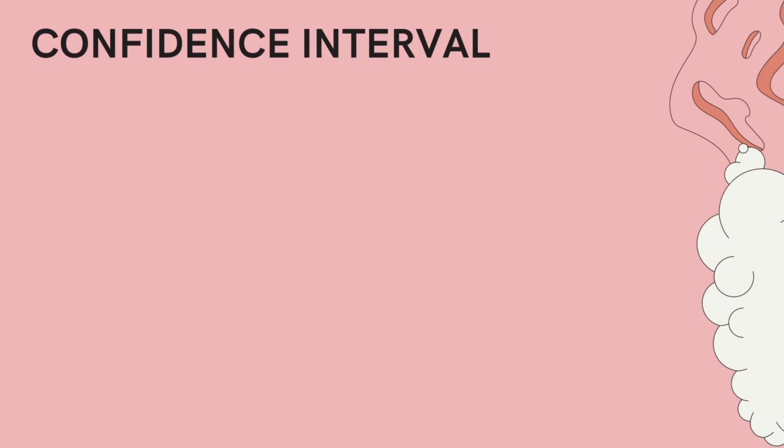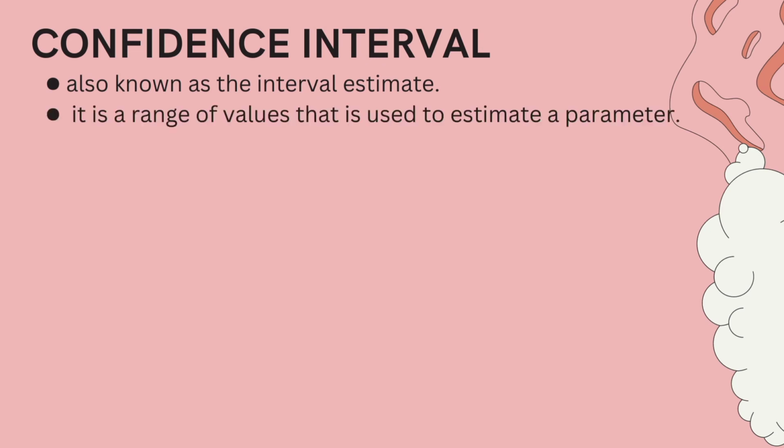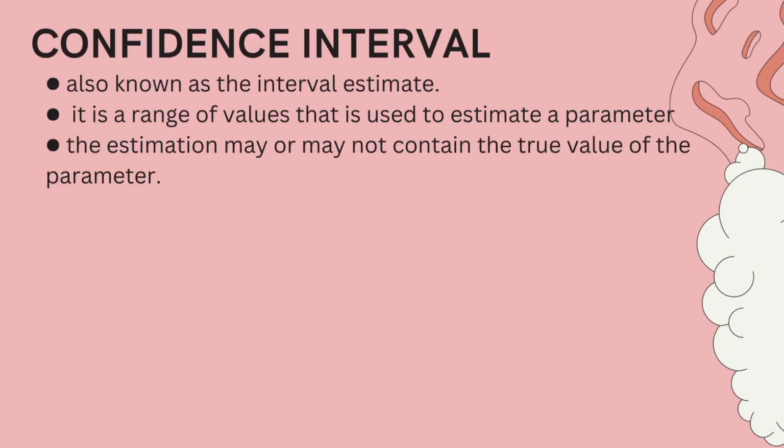So let us talk more about confidence interval. Confidence interval, also known as the interval estimate, is a range of values that is used to estimate a parameter. The estimation may or may not contain the true value of the parameter.